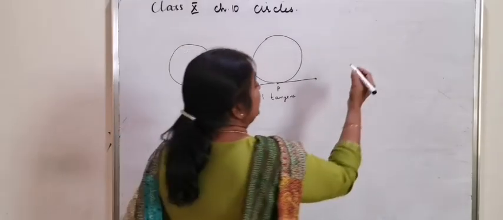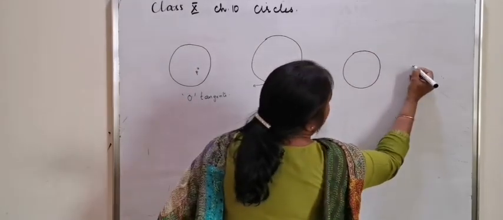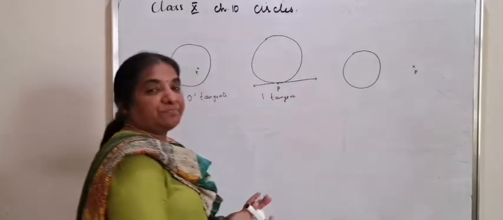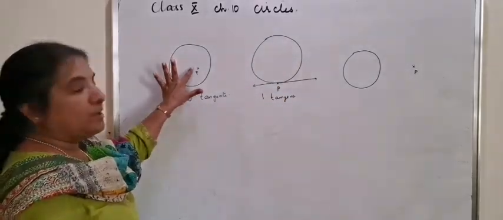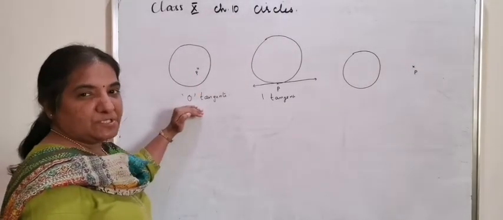What is the possibility when the point P is outside the circle? So, I have taken three cases. First case, given a point P inside the circle, there are no tangents possible.